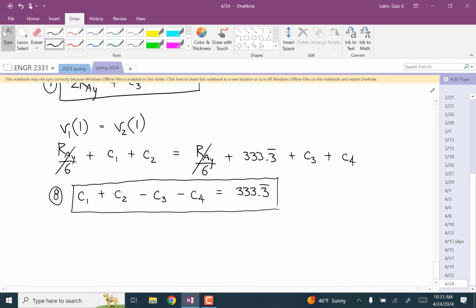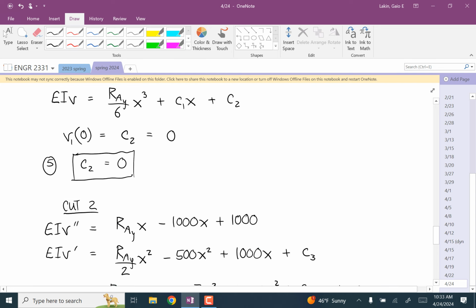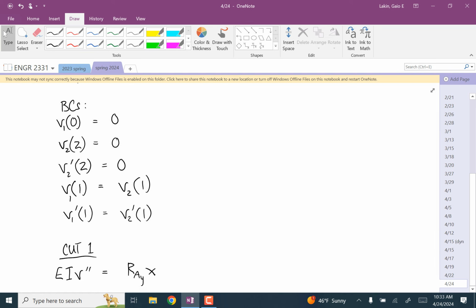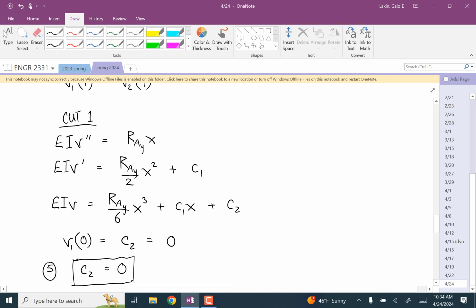And then the last one we're going to use says that the slopes have to match. So using the first cut, V1 prime at 1 has to be equal to V prime using the second cut at 1. And where is that?